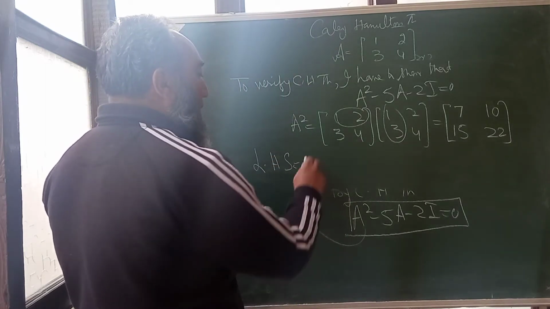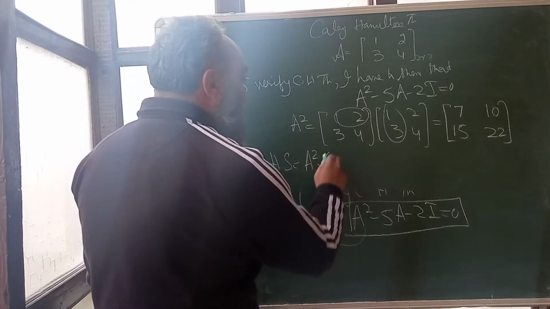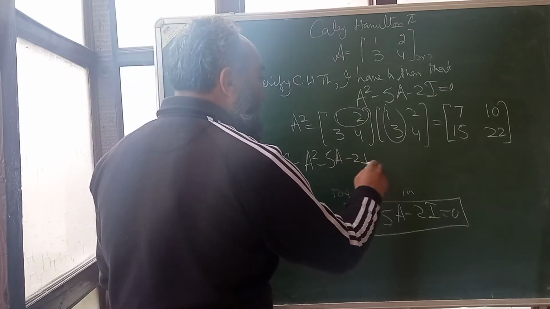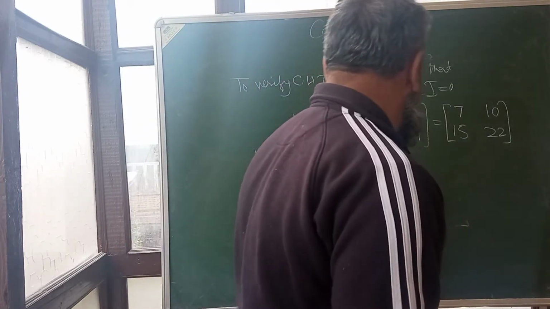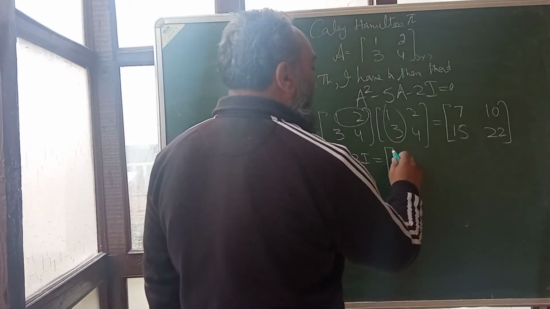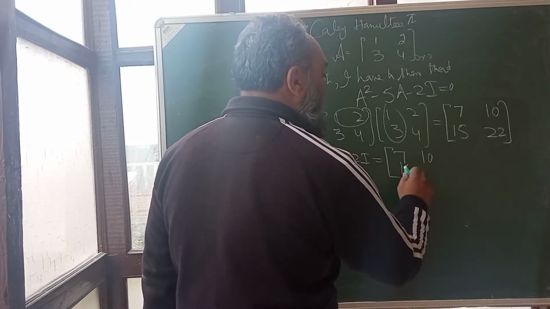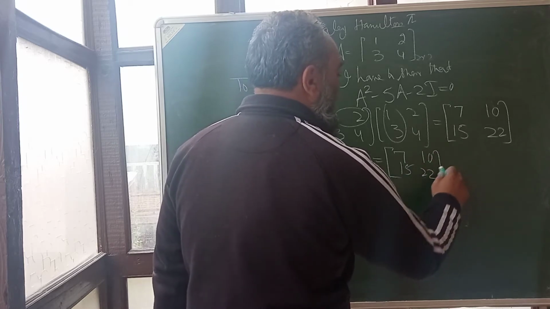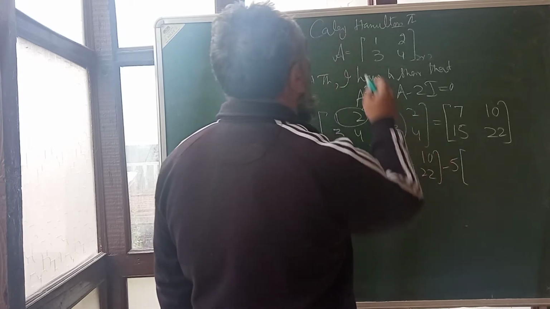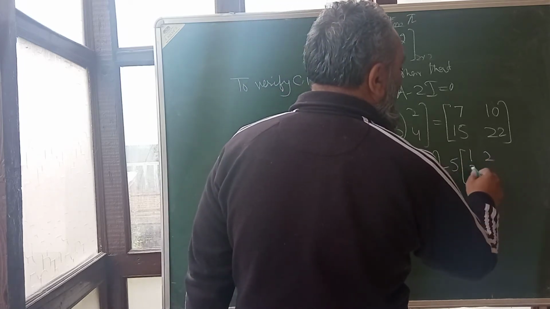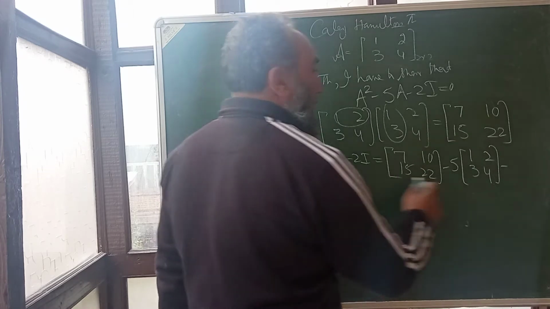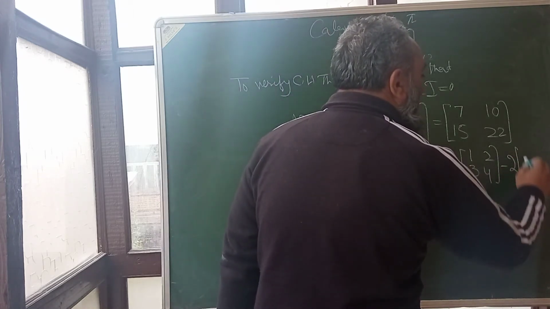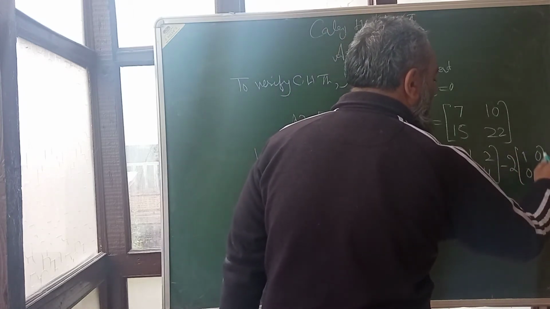This is A square. Now let me take left hand side. Left hand side is A square minus 5A minus 2I, which is equal to [7, 10; 15, 22] minus 5 times A, your A is [1, 2; 3, 4], and minus 2I, 2 times [1, 0; 0, 1].